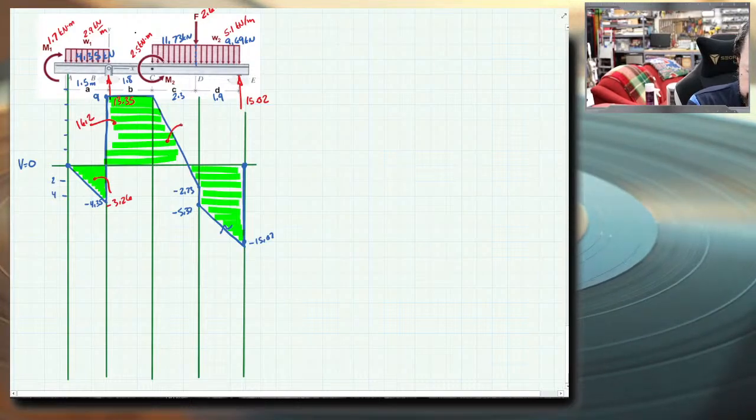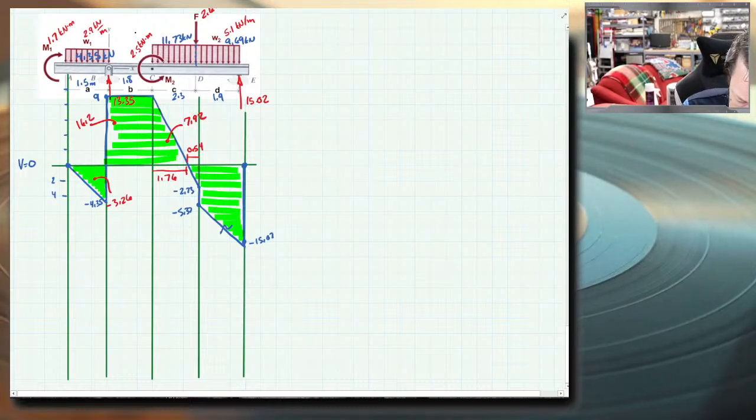This one, we don't know the base of it, so we've got to figure out the base. The height is 9. It has a slope of 5.1 kilonewtons per meter. So 9 divided by 5.1 is 1.76, which means this is 0.54, more or less. So 1.76 times a height of 9, divided by 2 because it's a triangle, 7.92 is the area there.